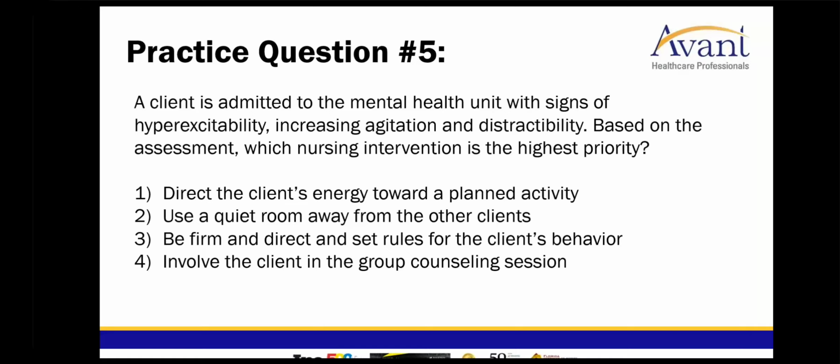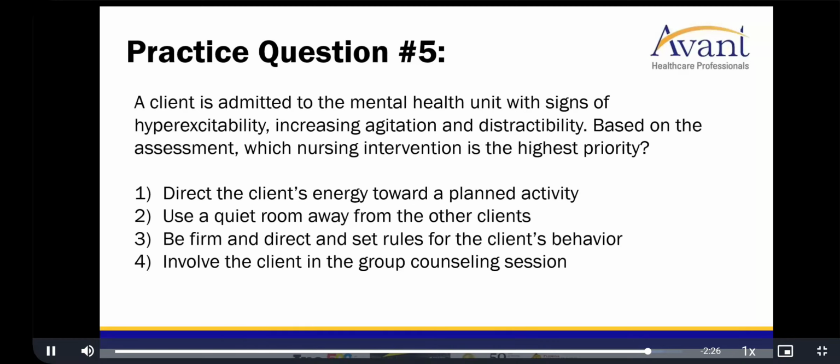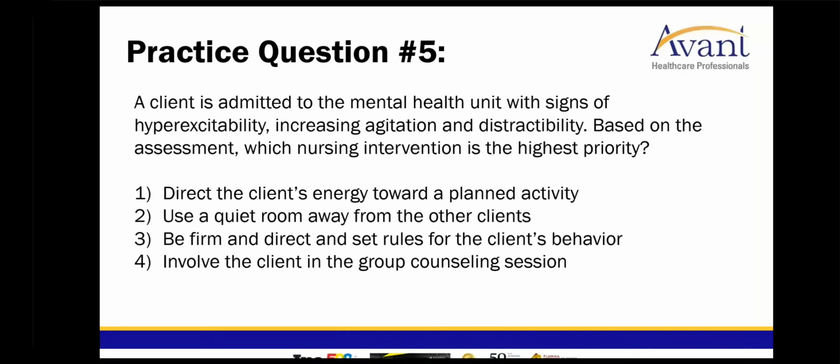Because you're thinking about it, this person is agitated and hyper. The less stimulus and the less around other people, the better. The last thing we want to do is for this person to get more excited and become violent. So staying away from other people, taking away all of the external stimulus that would make him more excited would be a proper intervention for a patient like this.